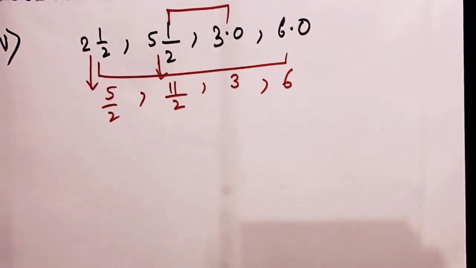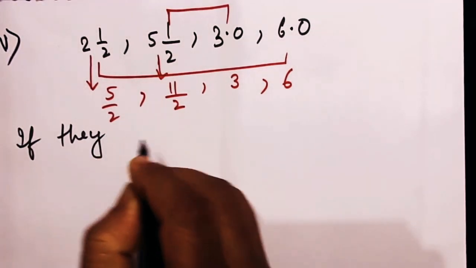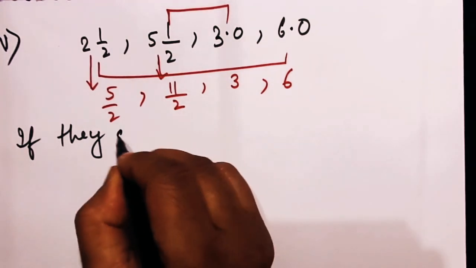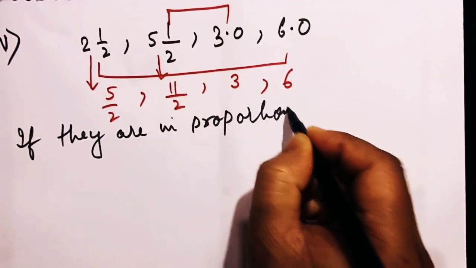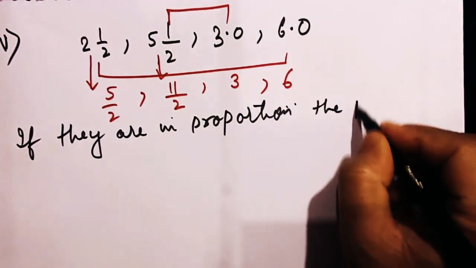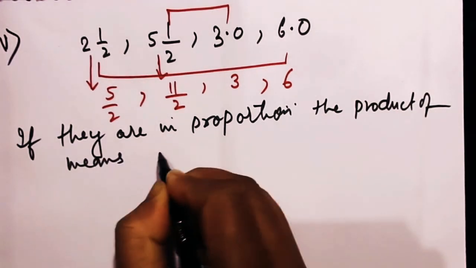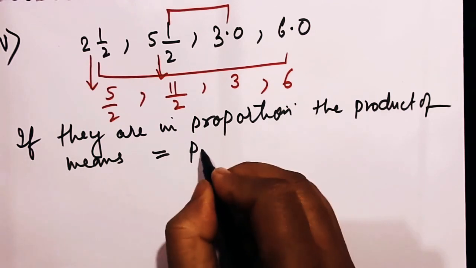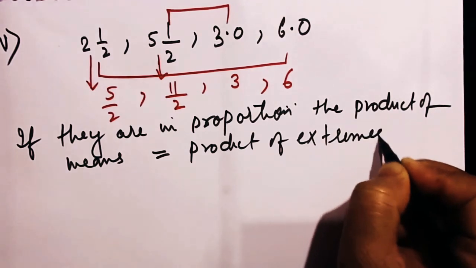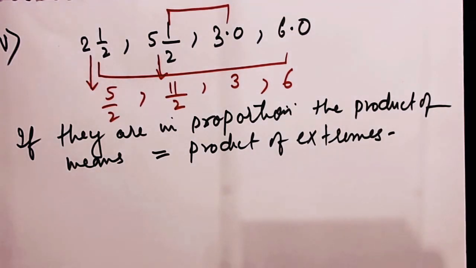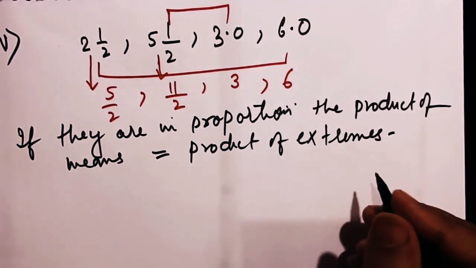Therefore, once again I am saying, because till now you do not know whether they are in proportion or not, if they are in proportion, then the product of means should be equal to the product of extremes. Okay, so I am using both, sometimes extremes and sometimes means, so that you do not get confused that it will start with extreme only.